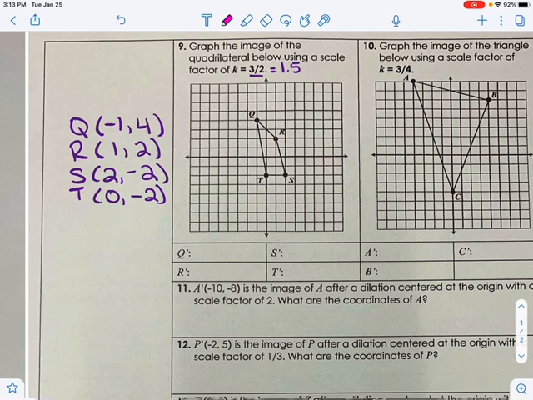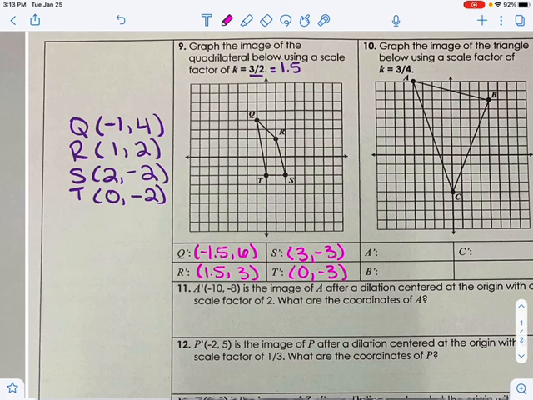So if I multiply everything by 1.5, Q then becomes (-1.5, 6). Then R becomes (1.5, 3). S becomes (3, -3). And T is (0, -3). And then go ahead and let's take a look at the graph.